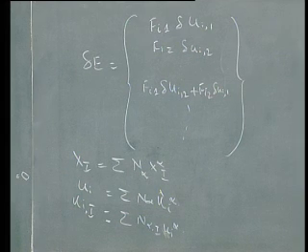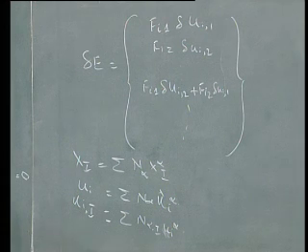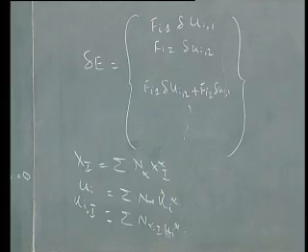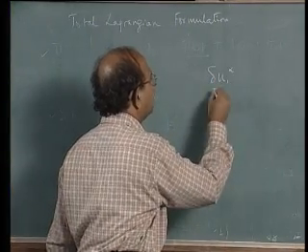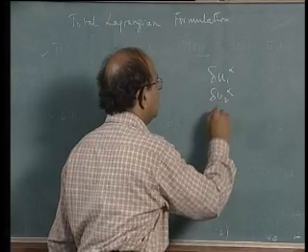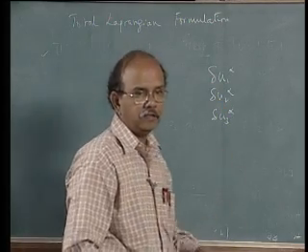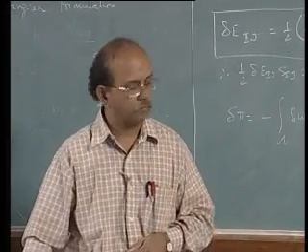So what we are looking at is a 3-dimensional formulation. Each node of course has 3 degrees of freedom. Let us call them delta u1 alpha, delta u2 alpha, delta u3 alpha, where alpha is the nodal degree of freedom. Okay, let us see what we get.